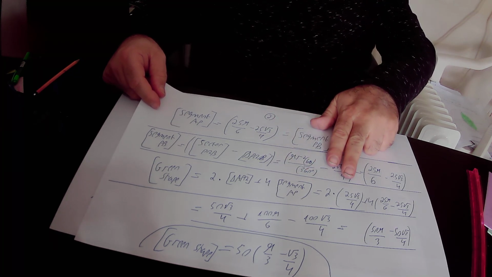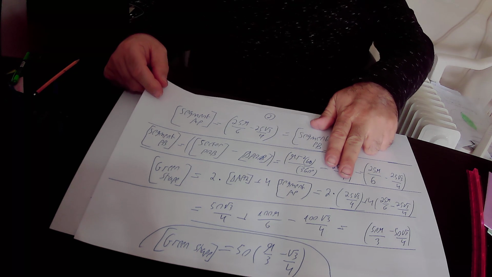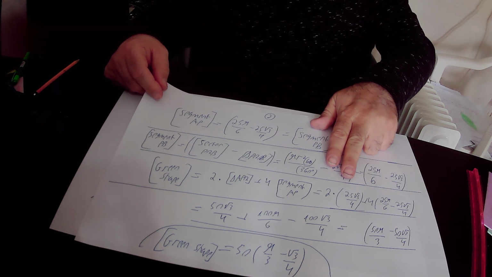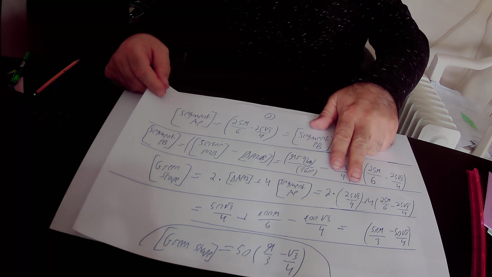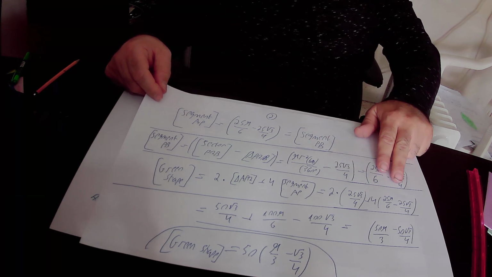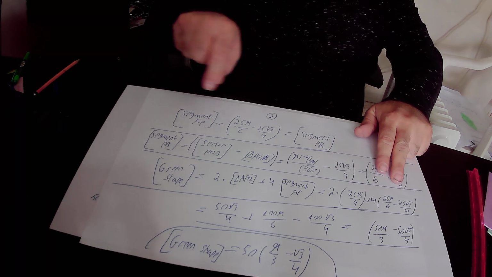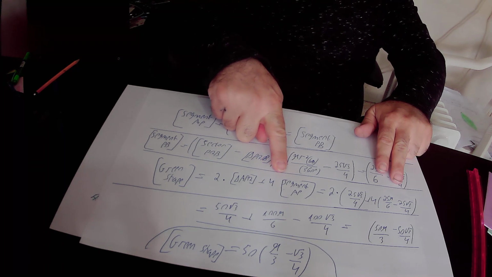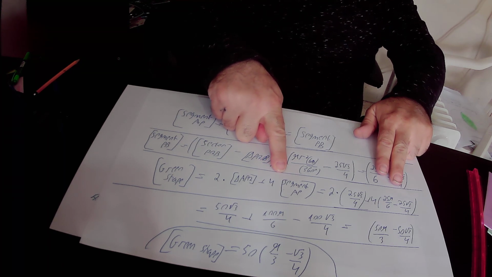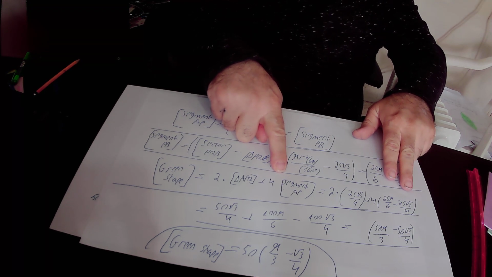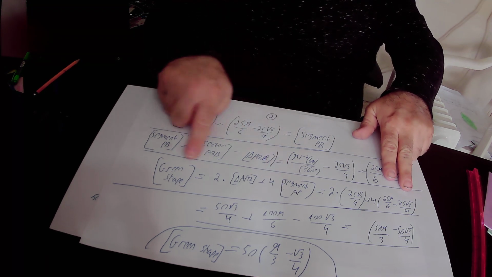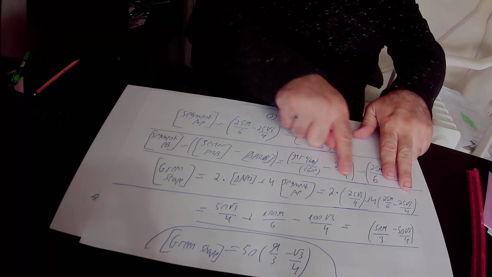So the area of the green shape equals 2 times the area of triangle APQ, and we already found that the area of triangle APQ equals 25 times root of 3 over 4, plus 4 times the area of segment AP, and the area of segment AP equals 25 pi over 6 minus 25 times root of 3 over 4. So the area of the green shape equals this expression.